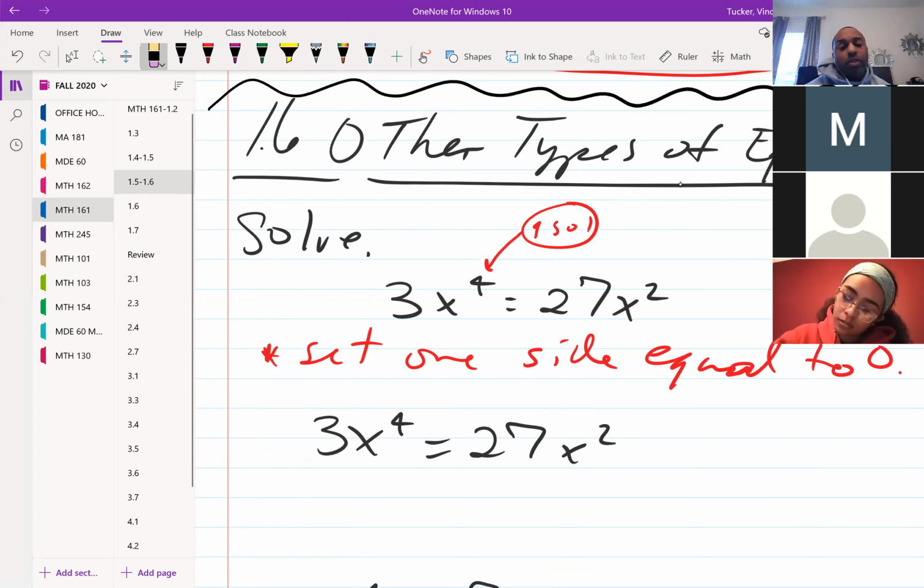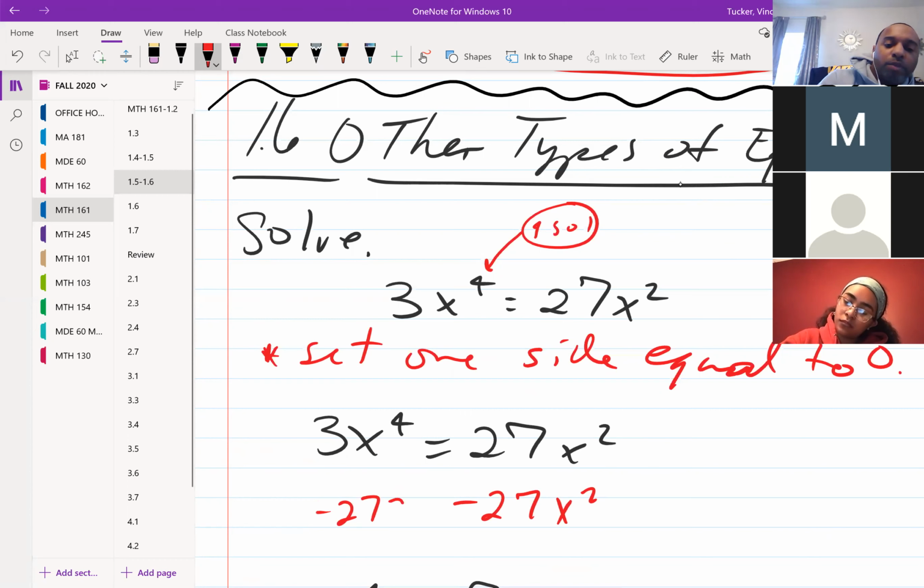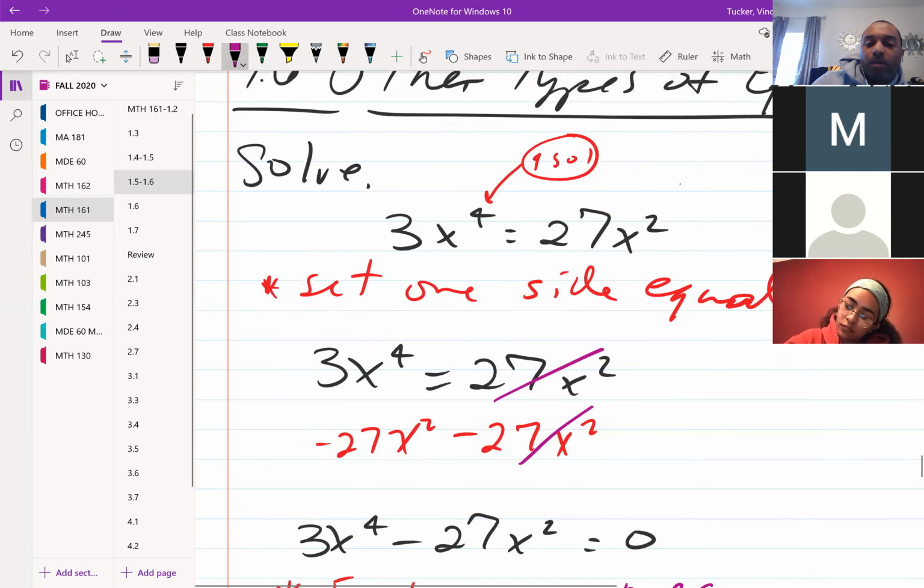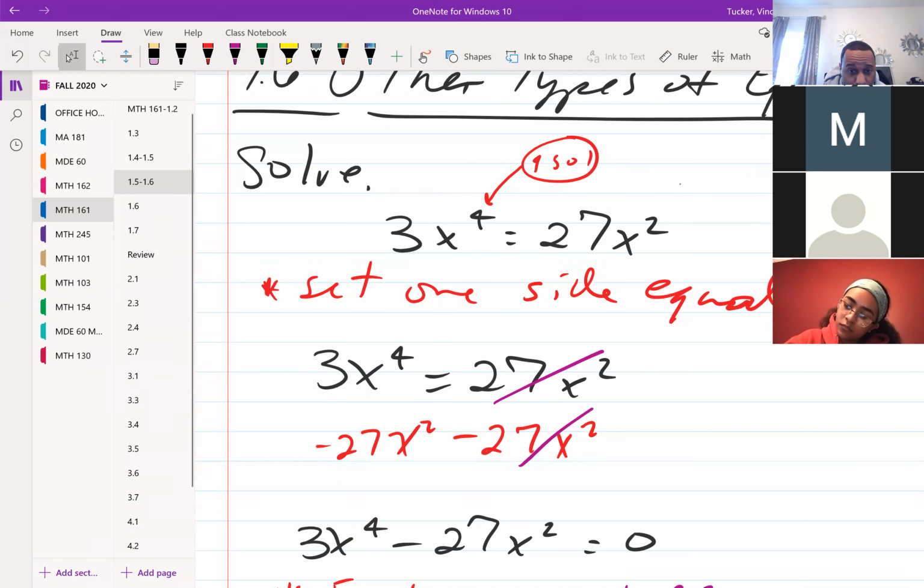We're going to solve this the way we would our quadratic, by starting off with setting one side equal to 0. So we can subtract 27x squared from both sides, and that'll give us 3x to the fourth minus 27x squared equal to 0.